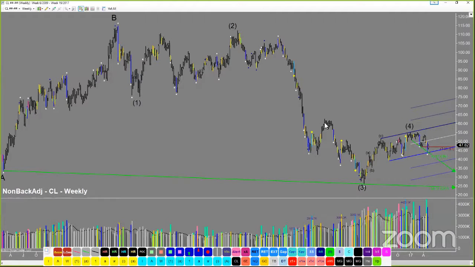Typically, you make it back to the previous fourth wave of one lesser degree up near the end of it, and that would be up in here. So to make it back to 58 or so, maybe even up as high as 60 is still not out of the question.